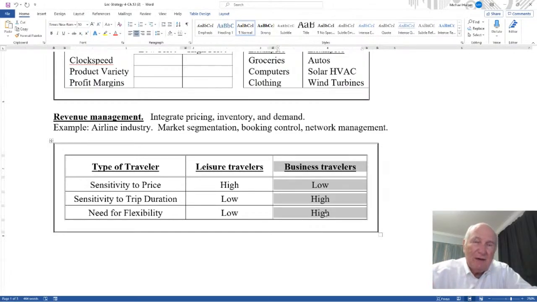And so I'm very highly sensitive. That duration has to be in a day, and I don't have a lot of flexibility to getting there on time.